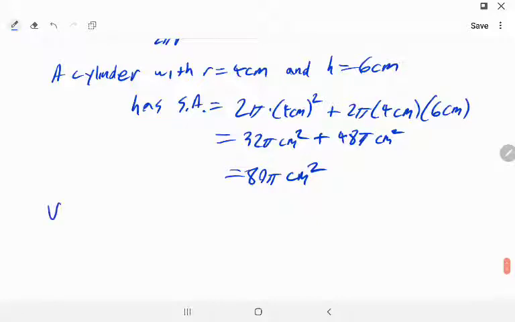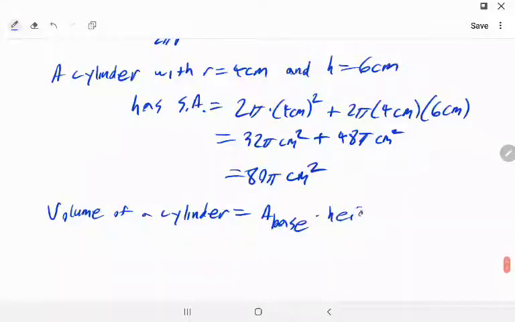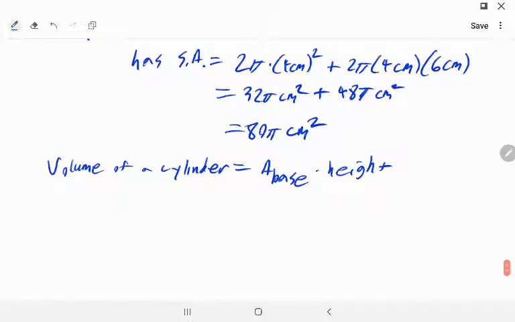Volume of a cylinder is just the area of the base times the height. And so we're going to just get pi r squared times h.